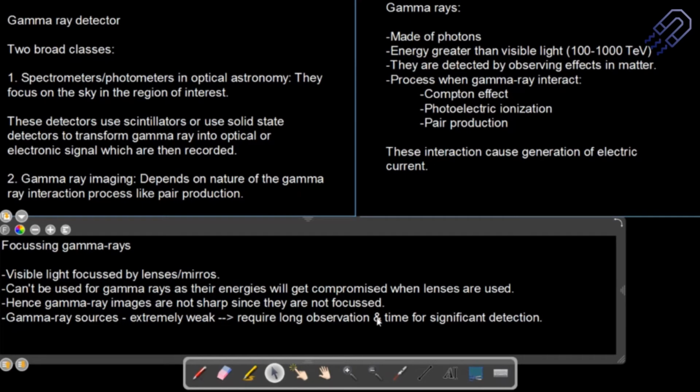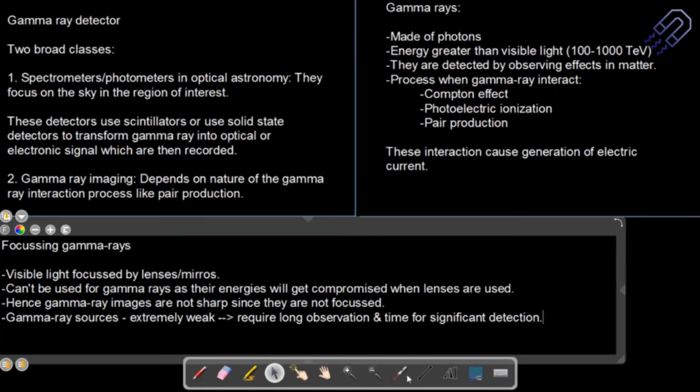First you need to have a detector, and then you need a longer period of observation in order to detect the gamma rays. At the same time, we need to make sure that the number of observations is large. That is important.